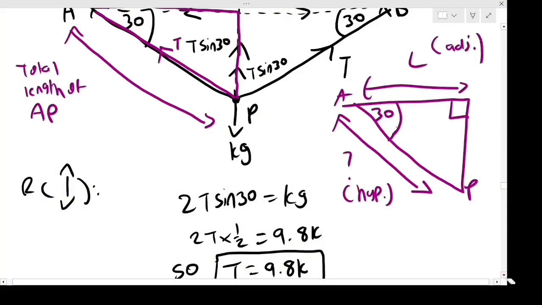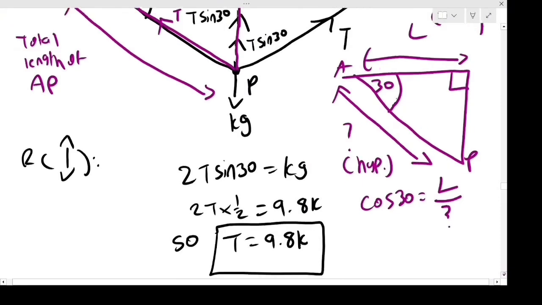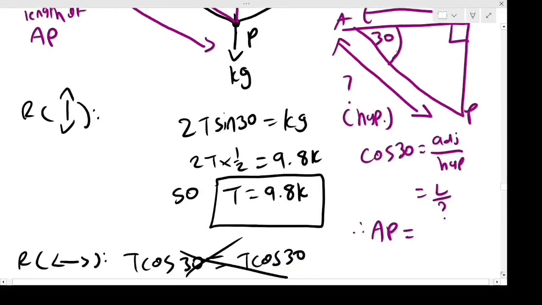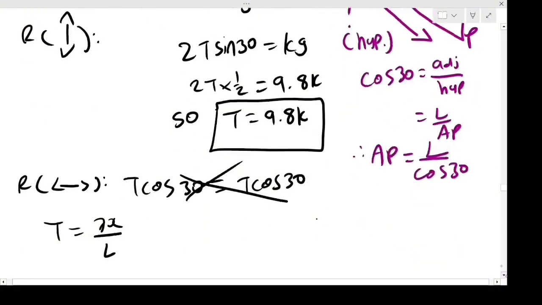So SOHCAHTOA tells me that cos 30 is the adjacent over the hypotenuse, which is L over the length I want to work out. In fact, I'll make it more clear. So that means the length AP is L divided by cos 30, if you just rearrange this.